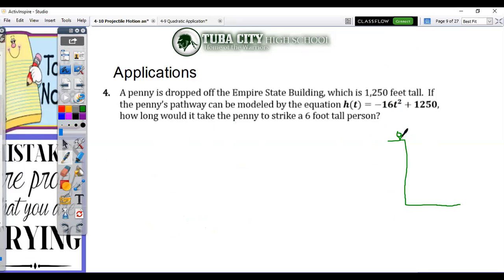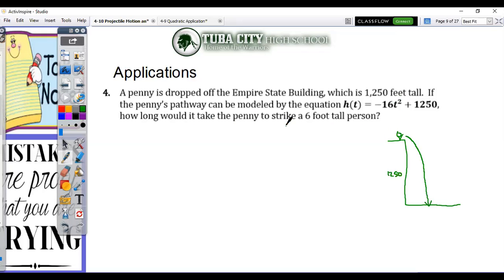So this means that the penny is not being thrown, it is being dropped. Just from dropping it, how long does it take to reach the ground? So again, starting at 1,250 feet, it's going to be falling 16 feet every second squared.